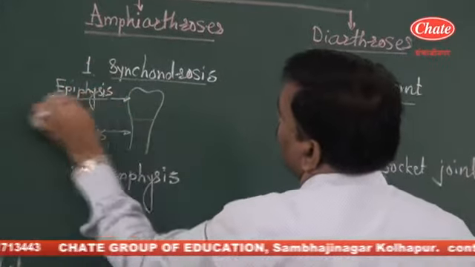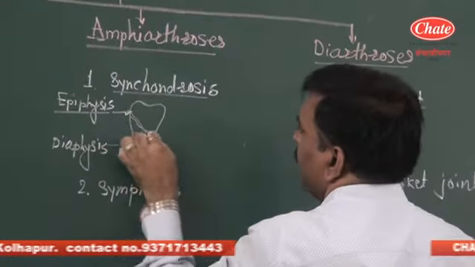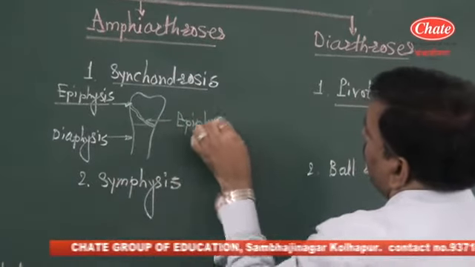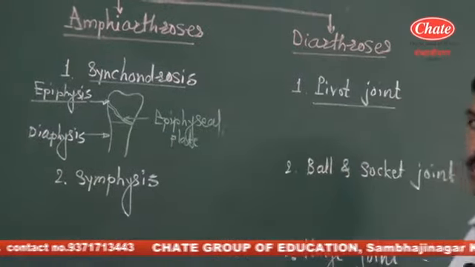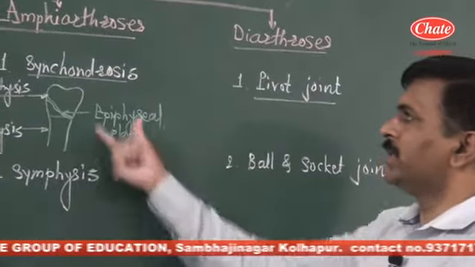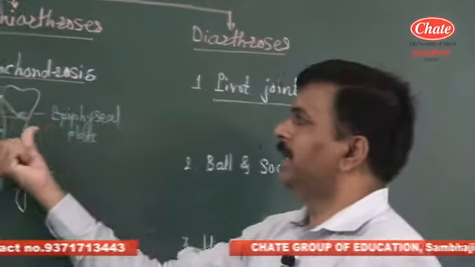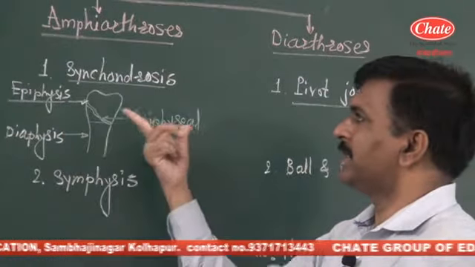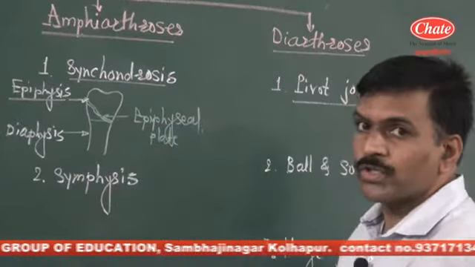The diaphysis is connected with the epiphysis by a plate, termed the epiphyseal plate, and this epiphyseal plate shows slight movement during development. So it is a slightly movable joint or amphiarthrosis. An example is the joint present between the epiphysis and diaphysis connected by the epiphyseal plate, that is synchondrosis.